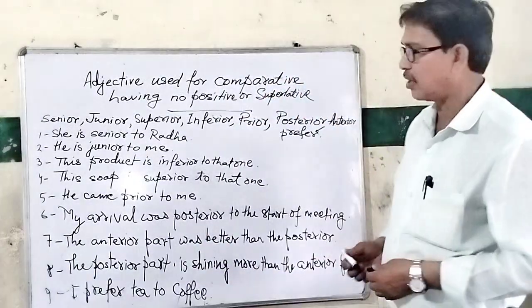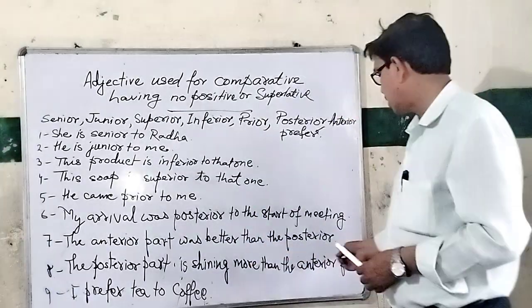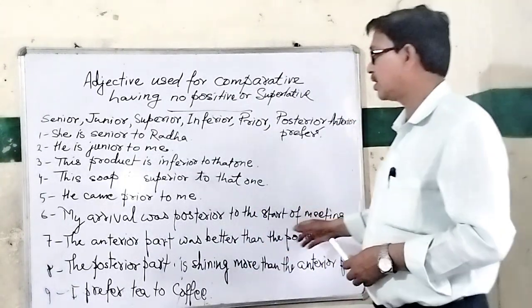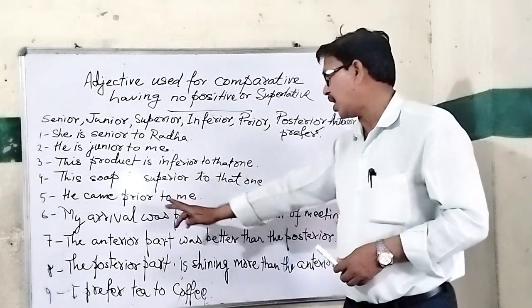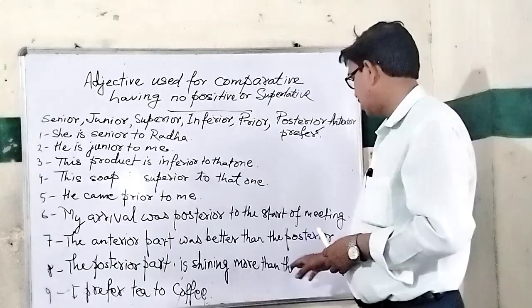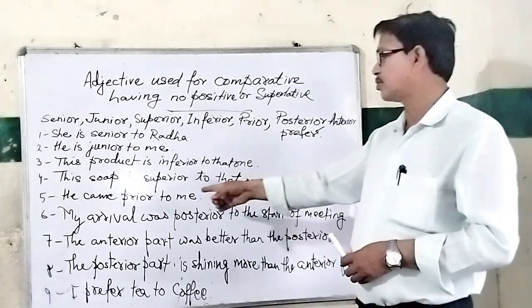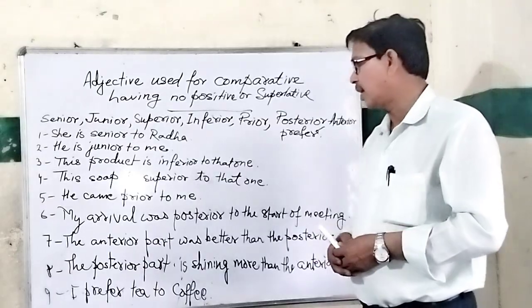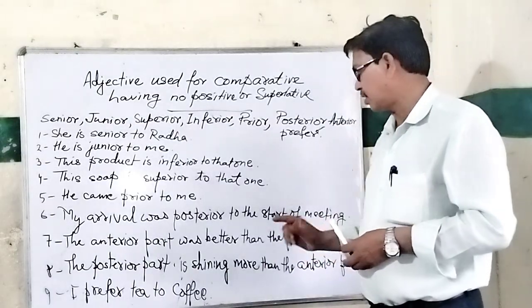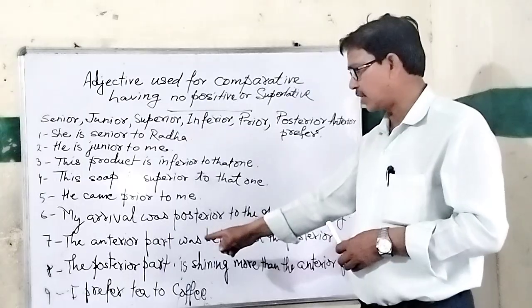Suppose there is a machine or something, you can say posterior, it means the outer part is shining more than the anterior part. So here prior and posterior are opposites, and interior and posterior. So the word posterior is a common word: in the sense of time it is used as the opposite of prior, and in the sense of location it is used as the opposite of anterior.